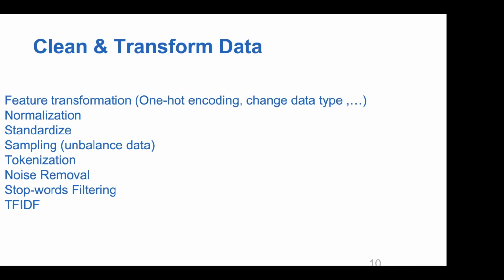Some of the other steps are normalization, and sometimes when our data is so unbalanced, we might want to do sampling. Let's imagine you have a binary classification problem and most of the data resides in the negative class. The model that you build with this very unbalanced training data might provide you 100% accuracy, but it doesn't mean that the model is good.